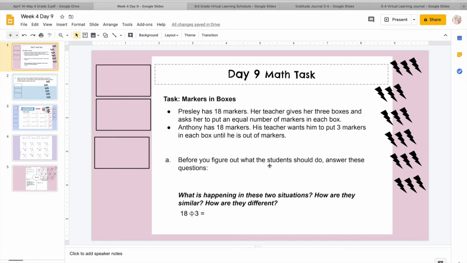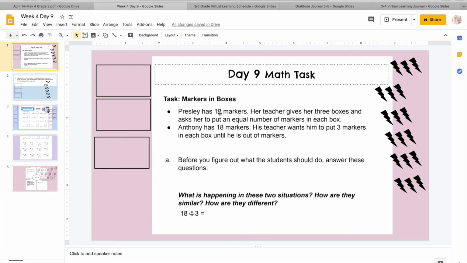It says, before you figure out what students should do, answer these questions. So what's happening in these two situations? We know Presley is using 3 boxes and has 18 markers, whereas Anthony has 18 markers, but we don't know how many boxes he's going to need. We just know he needs 3 in each box. How are they similar? They're really similar because they're both dividing.